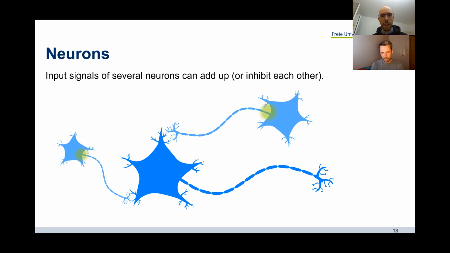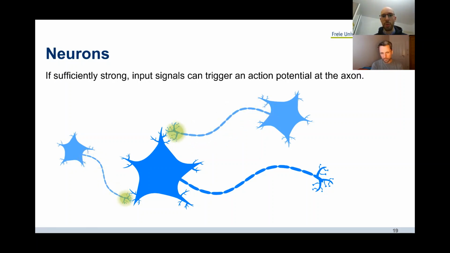Since our neuron is connected to several other neurons, several input signals can add up or inhibit each other. Either the input is insufficiently strong, or the signals add up to create an output signal that travels down the axon.